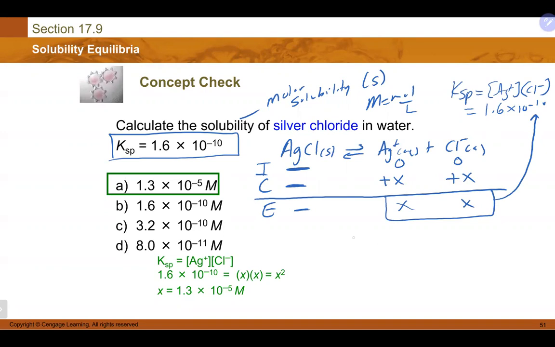That gives us x times x is equal to 1.6 times 10 to the minus 10, so x squared is equal to 1.6 times 10 to the minus 10.